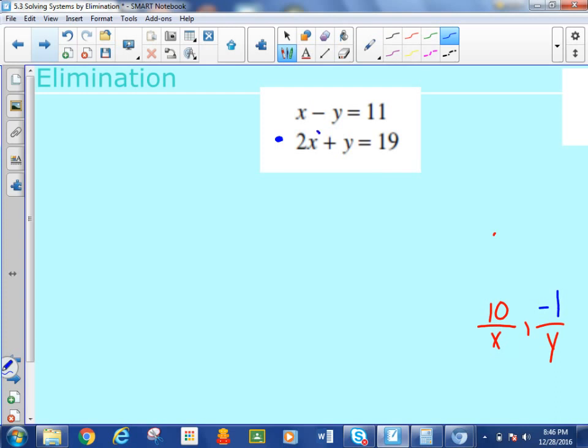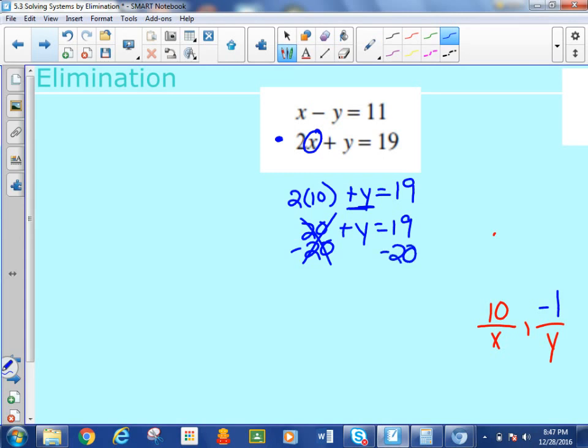If I had substituted in 10 there, so 2 times 10 plus y equals 19. You'll see now I have a positive y, so I'm not going to have to worry about that step. So here I've got 20 plus y equals 19. Now I would do minus 20, minus 20. It still gives me a -1. And see how I'm left with a positive y. I didn't have to do that final step.